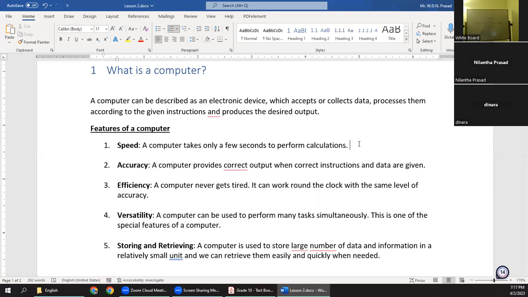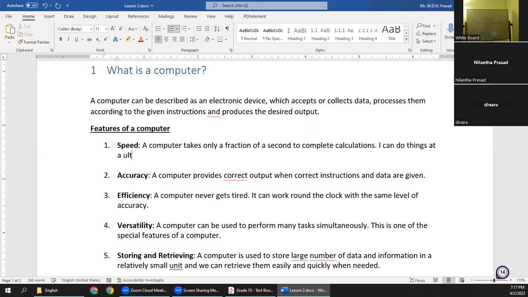So we can write down computer only takes, okay.